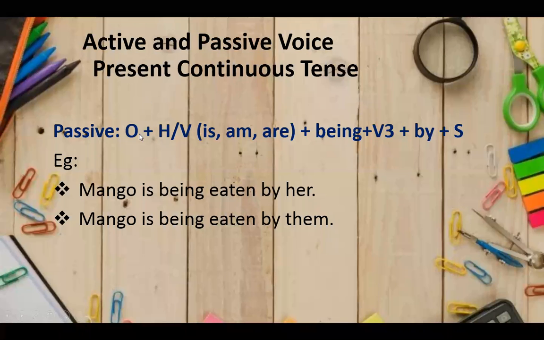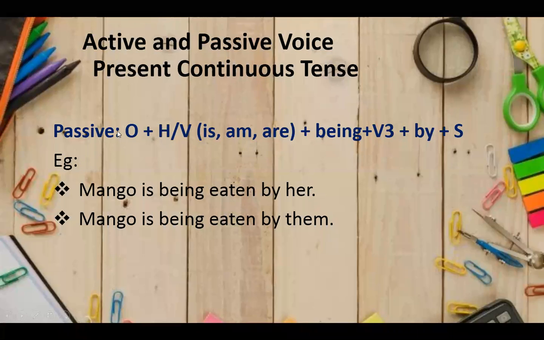Object plus helping verb is plus being. Remember, being. Plus being plus V3, the third form of the verb, plus by plus subject. We add by before the subject, right?